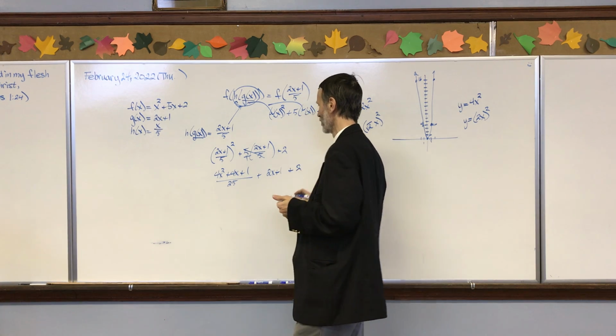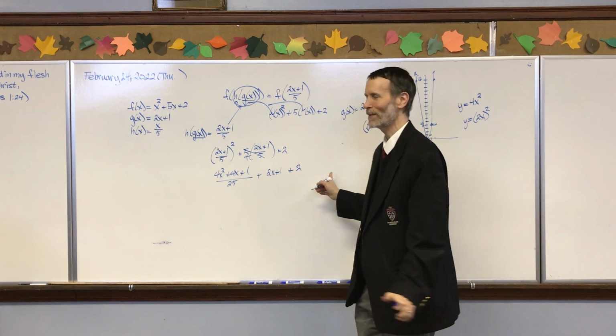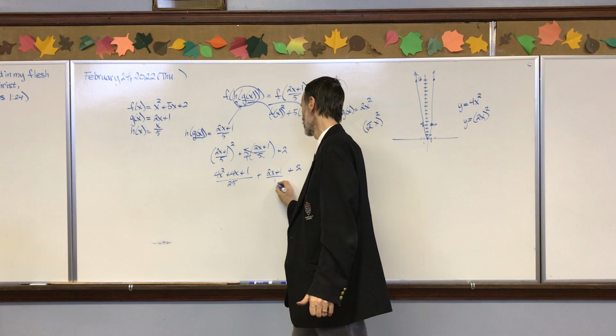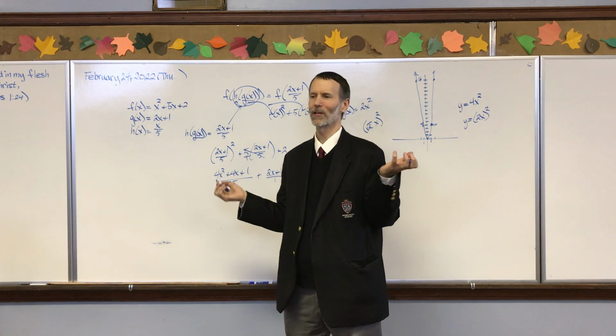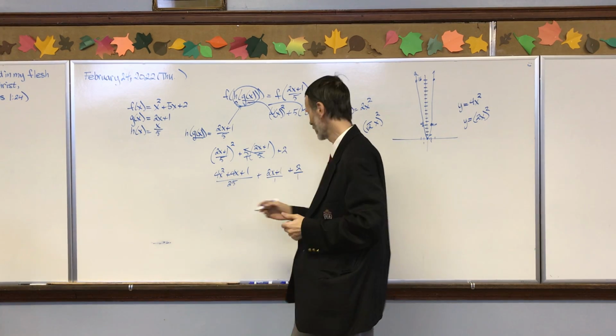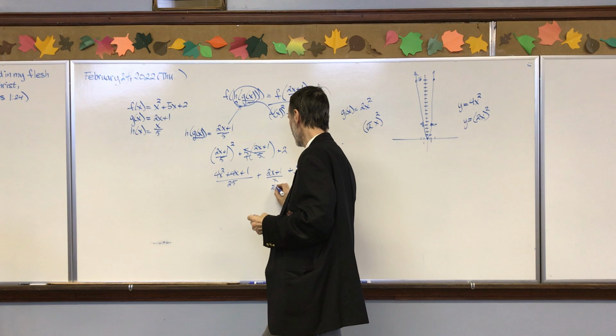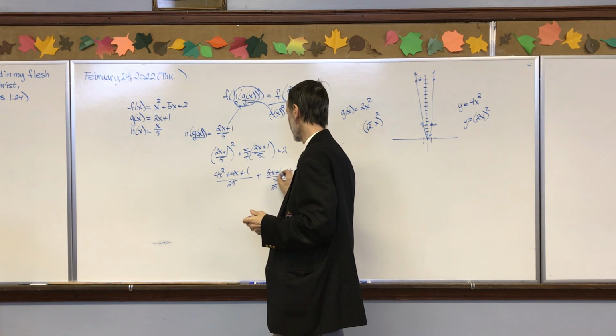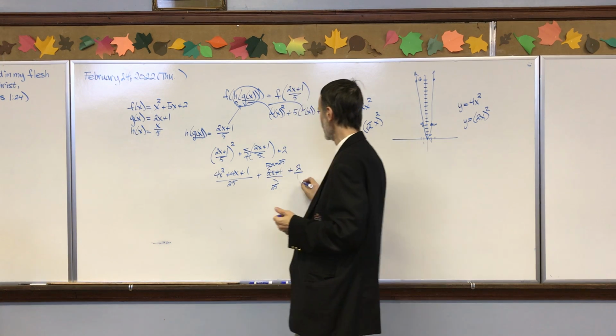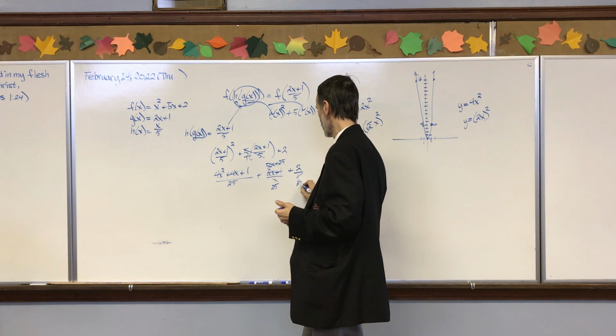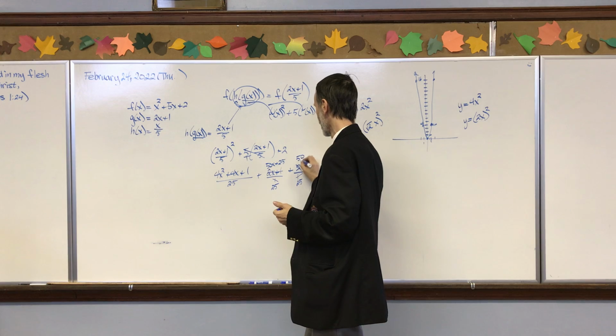And then plus 2. I need a common denominator for everything. This is over 1, this is over 1. What common denominator do I need? 25. Multiply this by 25, multiply this by 25, so it's going to be 50x plus 25. And do the exact same thing here: 25, and then this is 50.